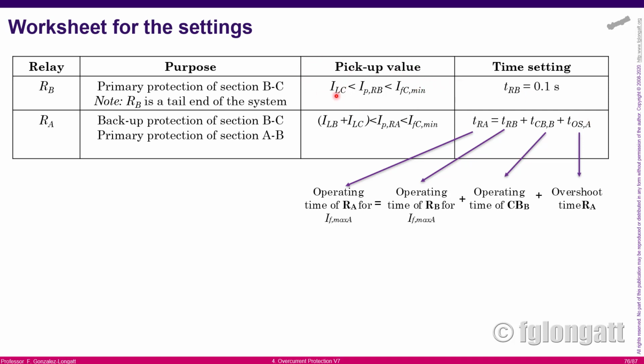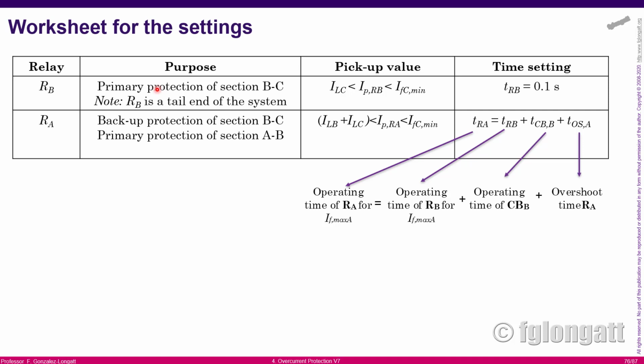Pickup current is also extremely simple. The pickup current must be above the maximum load current and below the minimum short circuit levels. In this case, relay B will be providing only primary protection on the section BC.